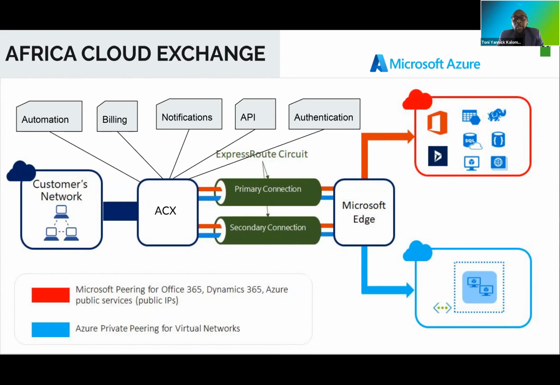If you are using Microsoft Azure's direct ExpressRoute service, then you would have your network and an interconnection with Teraco at the Africa Cloud Exchange, and you would then be provisioning a virtual circuit over the ExpressRoute to have access to workloads or services that are hosted on Microsoft's infrastructure.